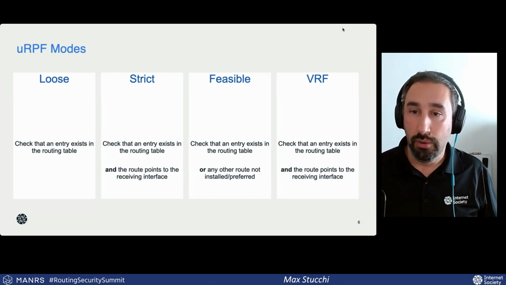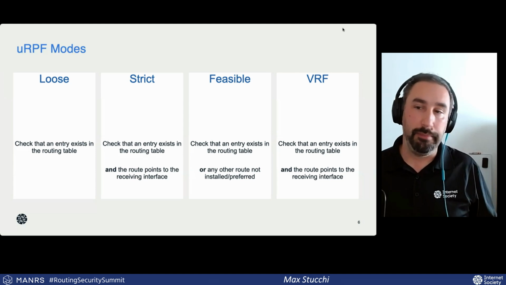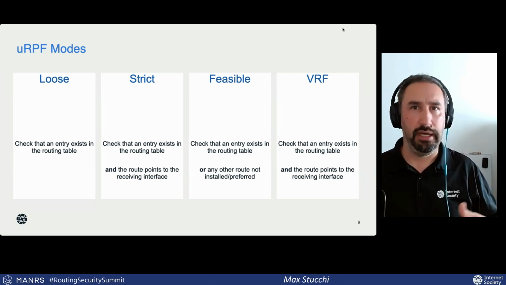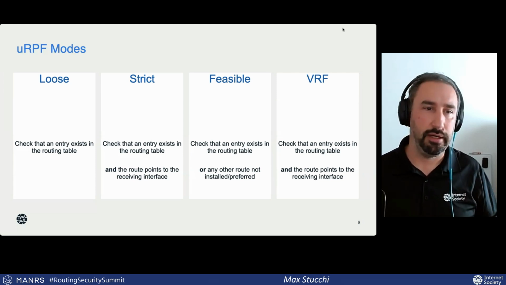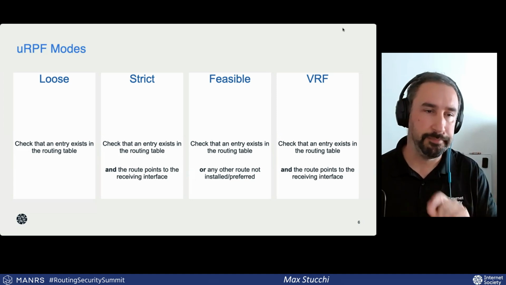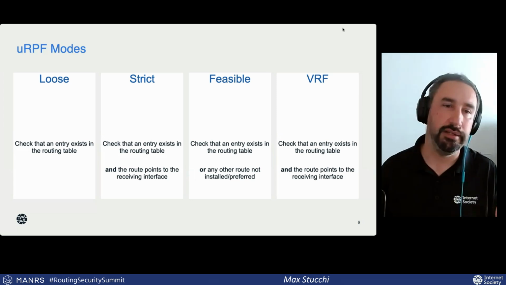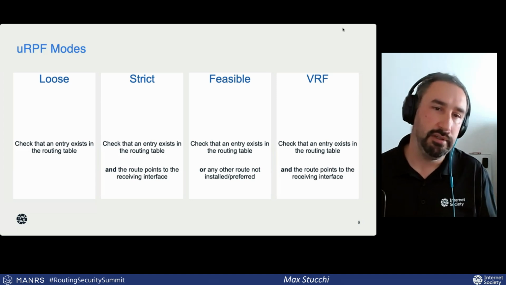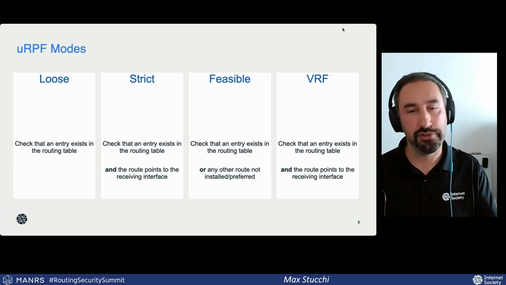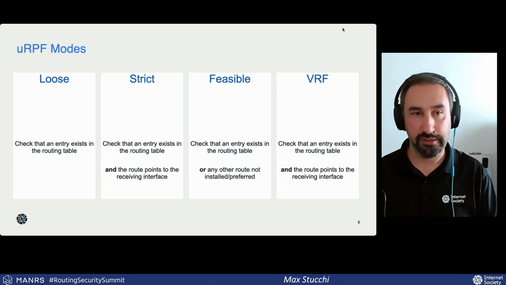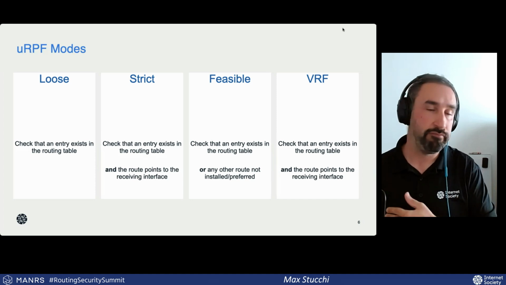So with this, many people have asked in the past, okay, I've tried enabling RPF on my routers. How shall I do this? So the recommendation that generally comes is to enable strict RPF towards your customers, and that's it.